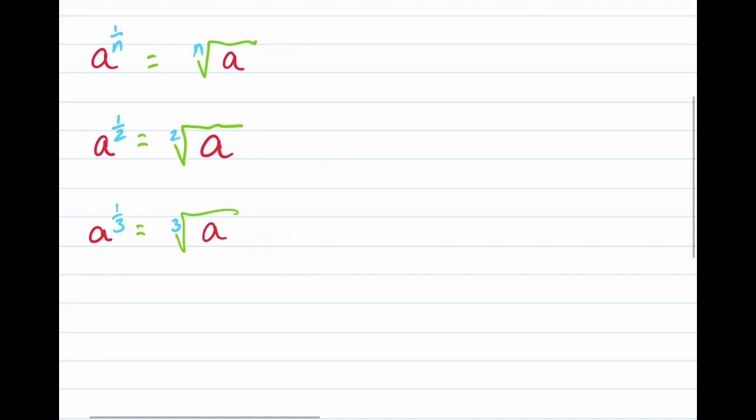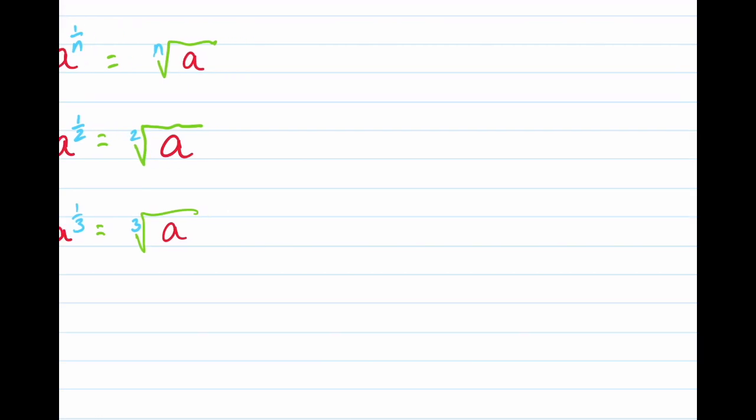Well, now what if our numerator for our exponent isn't 1? What if we actually have a number, or in this case I'm going to show you with a letter. So let's say a raised to the power of m over n, where m is a number and n is a number.